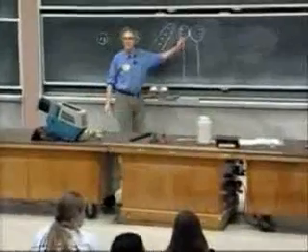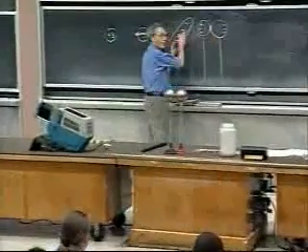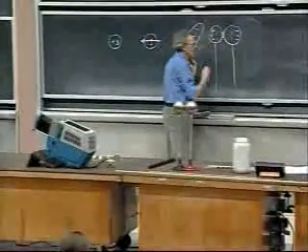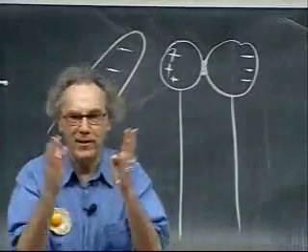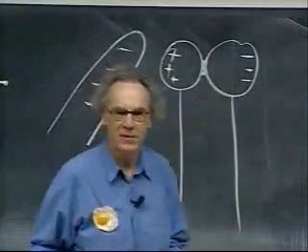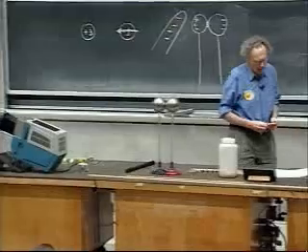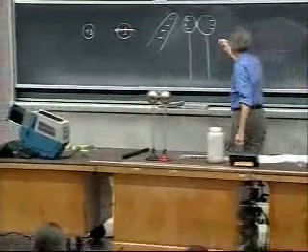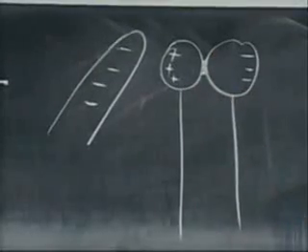So what I do now is, while this rubber rod is still in place, I take them apart. And when I take them apart, this negative charge is trapped, and this positive charge is trapped. And so I have thereby created negative charge on this one, positive on this one, and it's equal in magnitude, so I have a dipole.